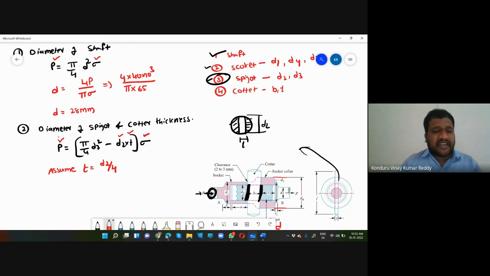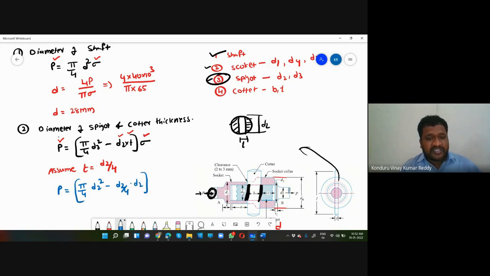Now let us solve this. Substituting t equal to D2 by 4, P is equal to pi by 4 D2 squared minus D2 by 4 into D2, into sigma.